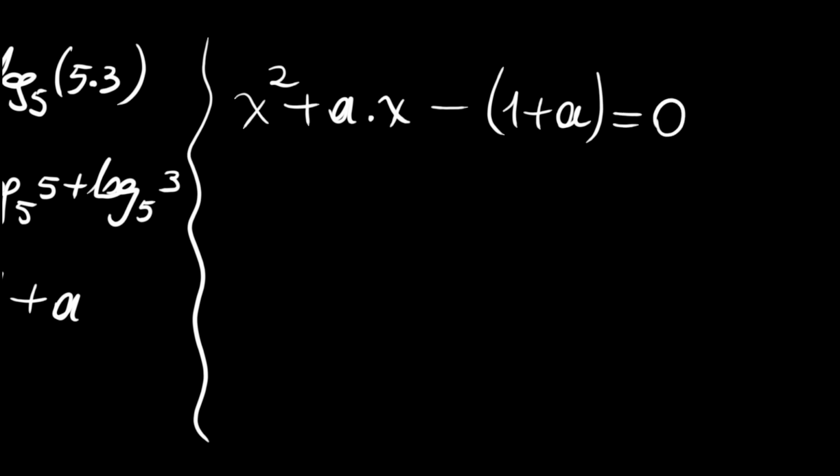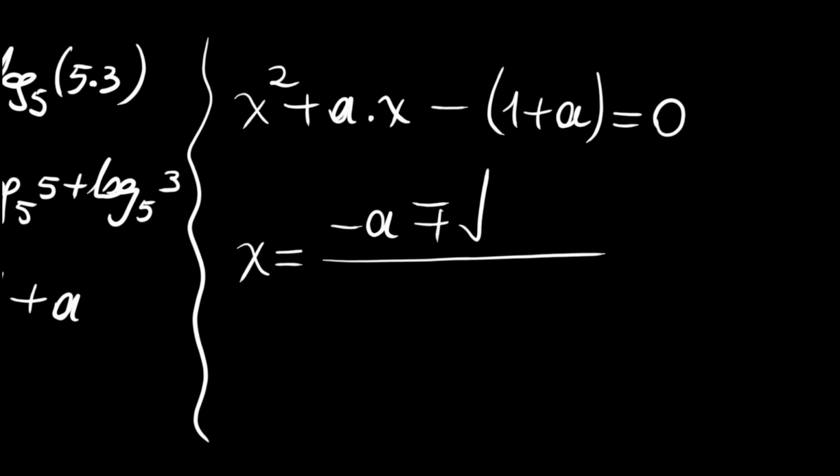Now let's use the quadratic formula: x is equal to negative b, here we have negative a, plus or minus the square root of b squared. We have a squared minus 4 times a, which is 1 here, and c is this negative 1 plus a.